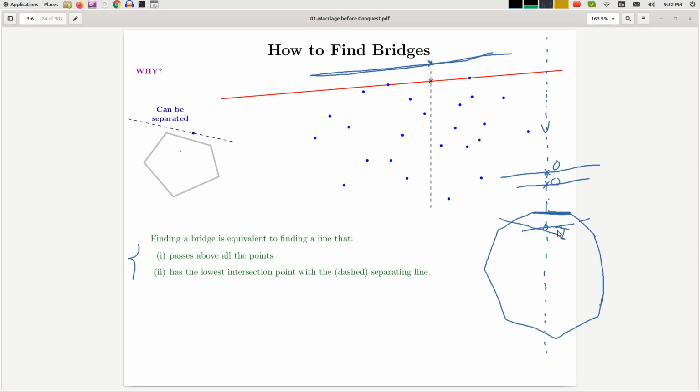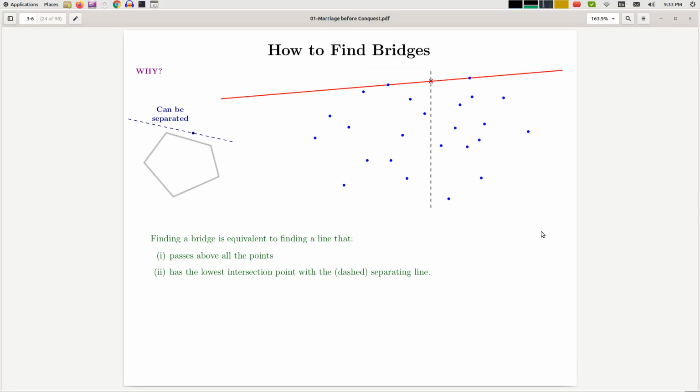At some point a transition between being outside and being inside happens, and that transition point is the lowest point with this property. So a line that satisfies both of these properties is a line that has this edge of the convex hull that I hit when I go downwards like this. If you have understood this explanation, then you can convince yourself that finding a bridge is equivalent to finding a line that has these two properties.